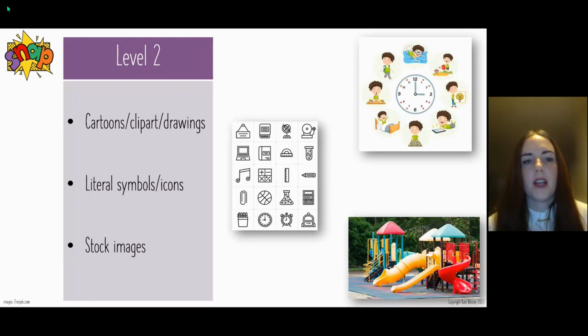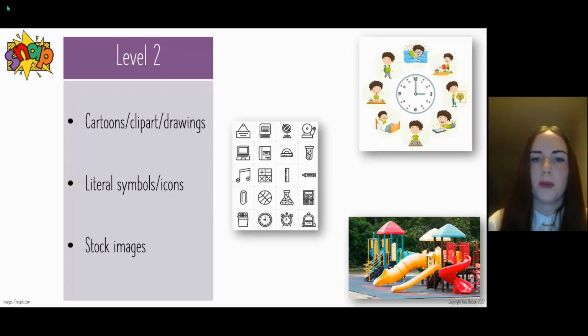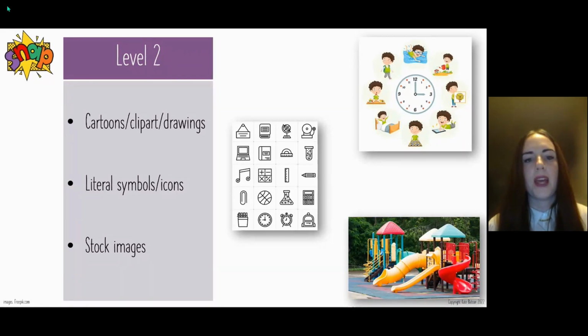So it's going to be things like cartoons, clip art, maybe drawings or illustrations, and more basic line symbols, but symbols that represent what they're showing. In the example here, we've got some school symbols that might represent different lessons. We might have the calculator to represent maths, and the basketball symbol to represent PE. They are more literal to what they're showing.